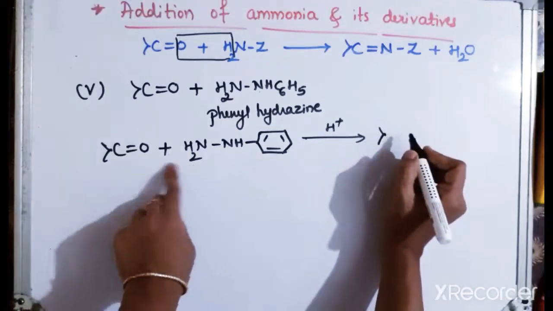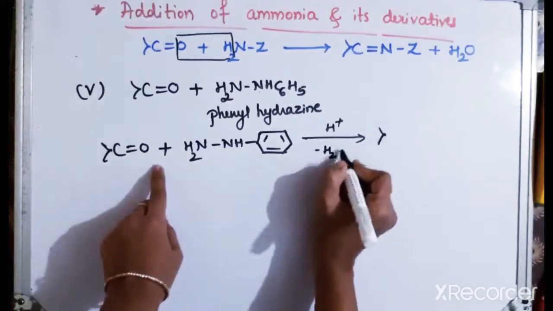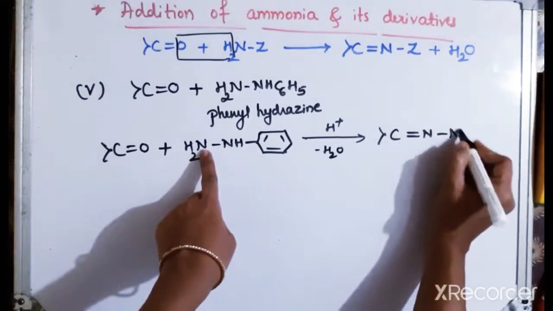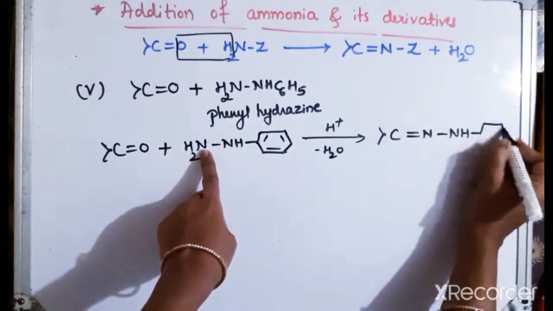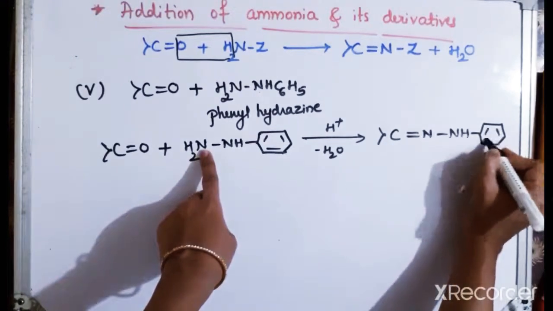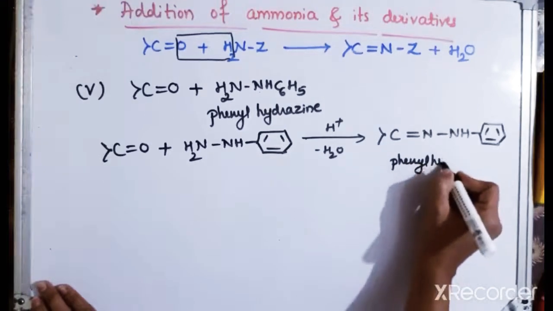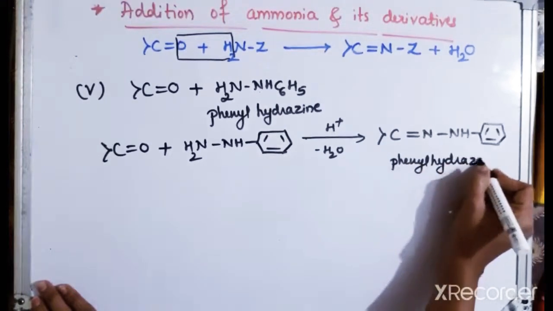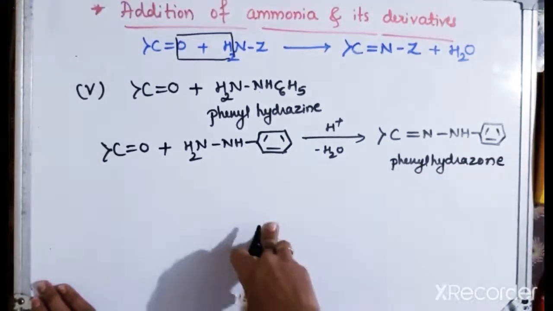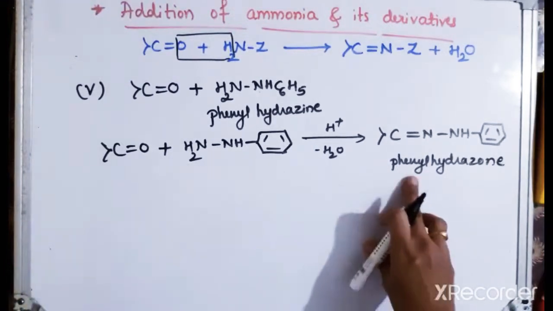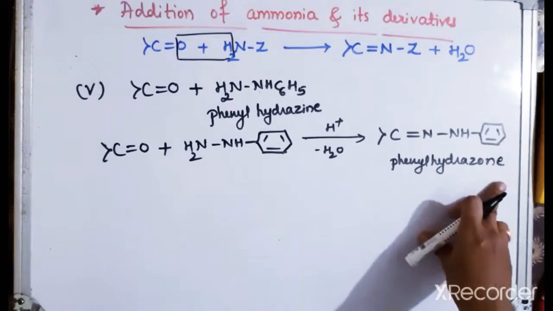There is a loss of water, H2O is eliminated, so carbon doubly bonds with the nitrogen, and the remaining groups you can write as they are. So this is phenylhydrazone. Understood? Aldehydes and ketones react with phenylhydrazine, resulting in the formation of phenylhydrazone.